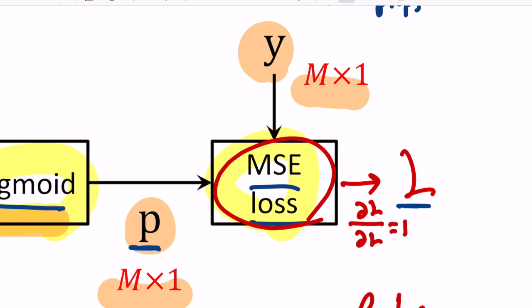So in this function, the downstream gradient should be the loss gradient with respect to P, let's say vector P. In this case, it is just directly computed because there is no local gradient term, right? So it's going to be dL over dP.